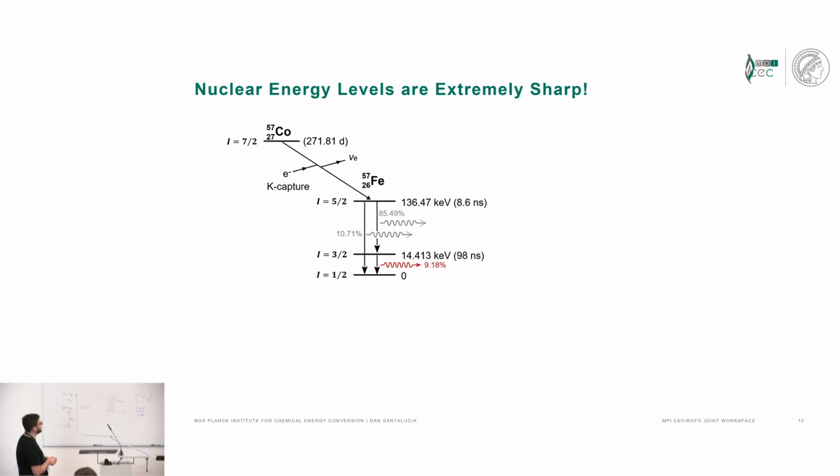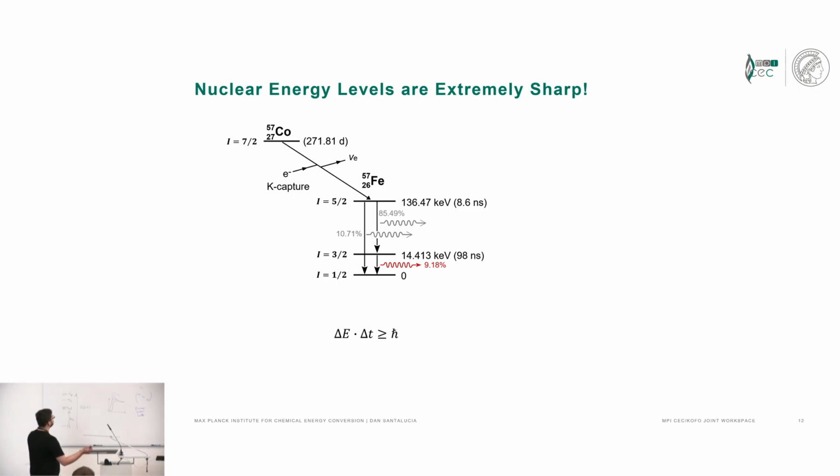The one we're interested in goes through this intermediate nuclear spin I = 3/2 state. This transition is about 14,000 electron volts, and that excited state has about a 98 nanosecond half-life, okay? And it's about a 10% probability of happening, okay?